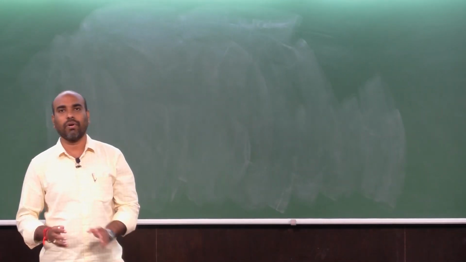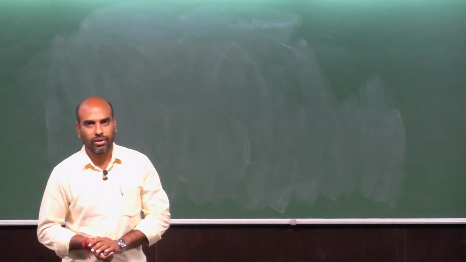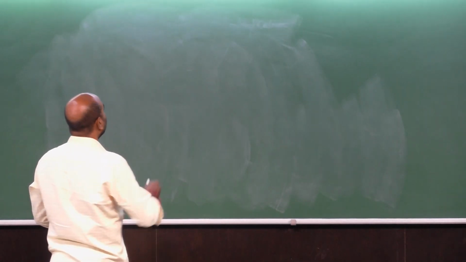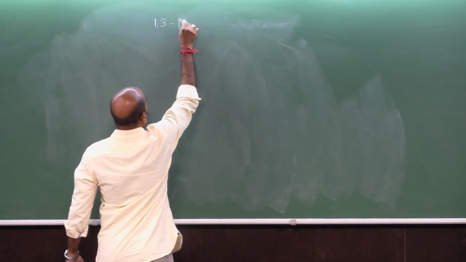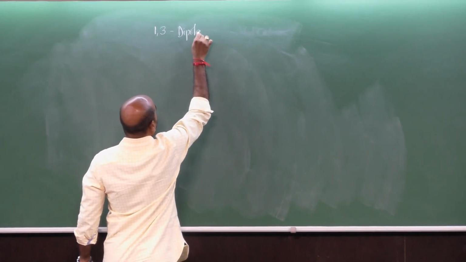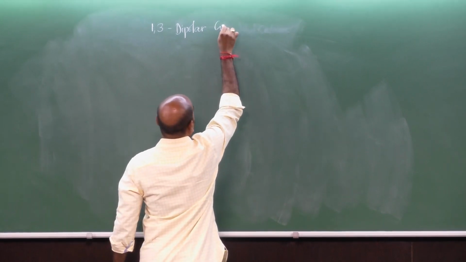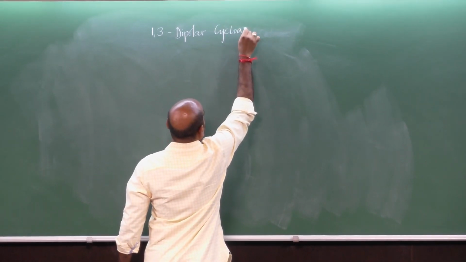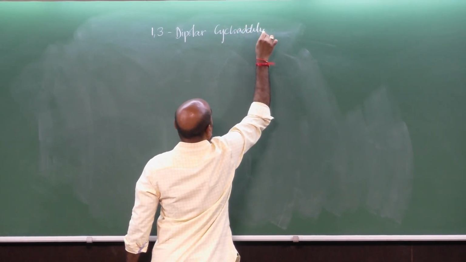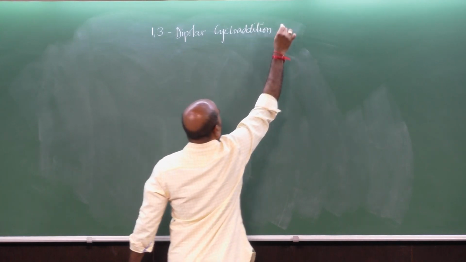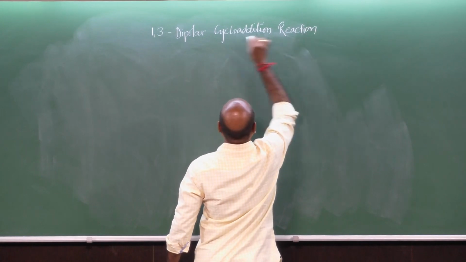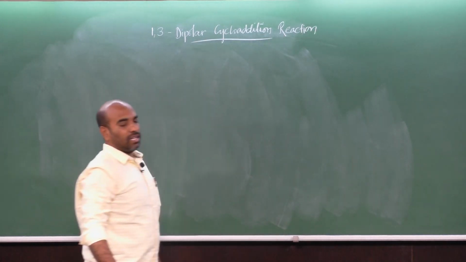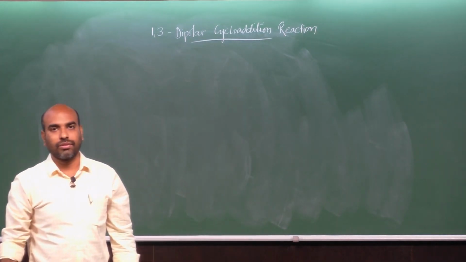So, another type of 4 plus 2 cycloaddition reaction is the 1,3 dipolar cycloaddition reaction, or 1,3 dipolar cycloadditions, you can say.